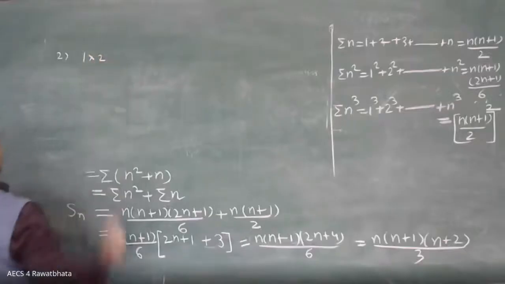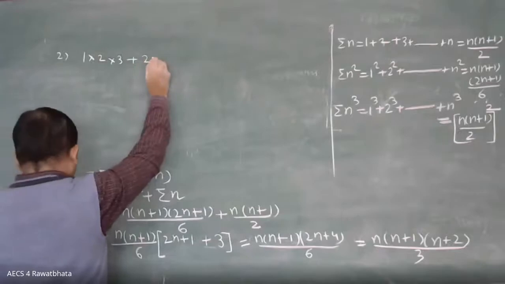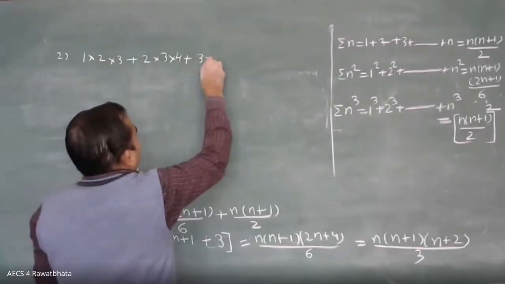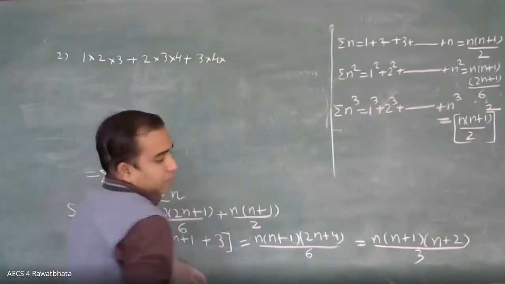Find the sum to n terms of each of the series in exercise 1 to 7. Second part. 1 into 2 into 3 plus 2 into 3 into 4 plus 3 into 4 into 5 plus so on.